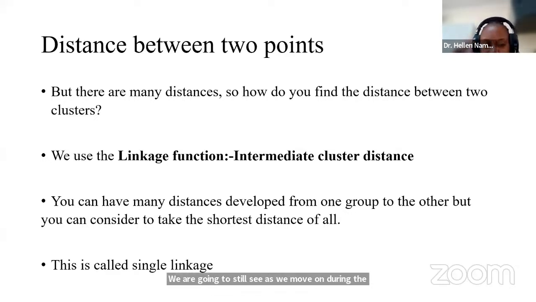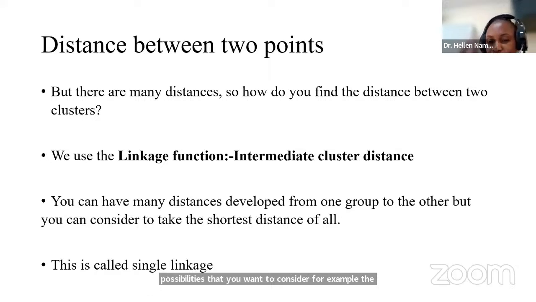Considering the linkage function, what we are trying to do is see that there are various distances between the groups that can be derived. You have many distances from one group to the other, but there are different possibilities that you want to consider. For example, the shortest distance of them all.